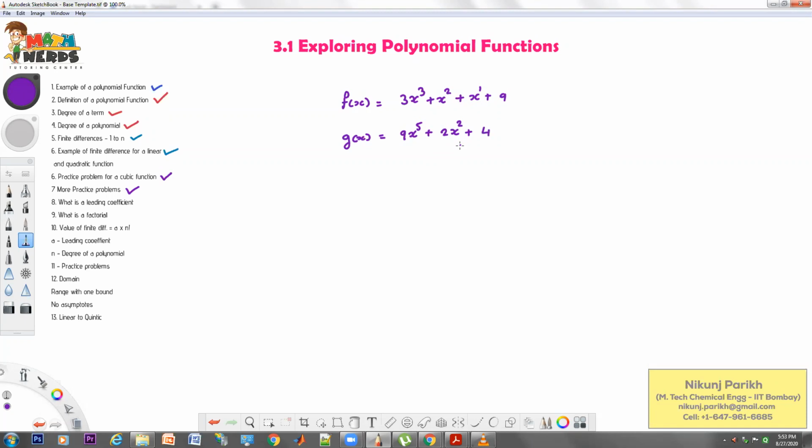Now, is this a polynomial or not? Because you do not have all the possible exponents, right? You do not have the exponents 4, 3, 1. So is this a polynomial or not? The answer is that this is also a polynomial.